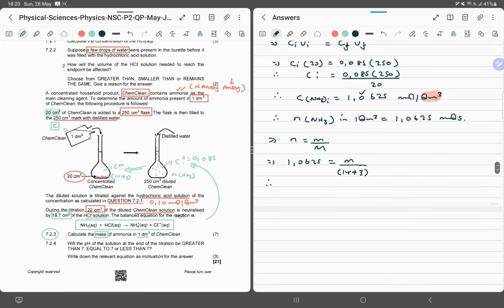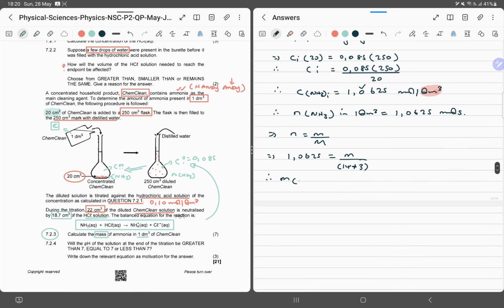We can say, therefore, the mass of ammonia in 1 decimeter cubed is going to be equal to 1.0625 into 17.